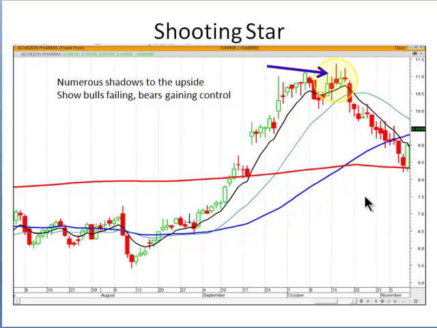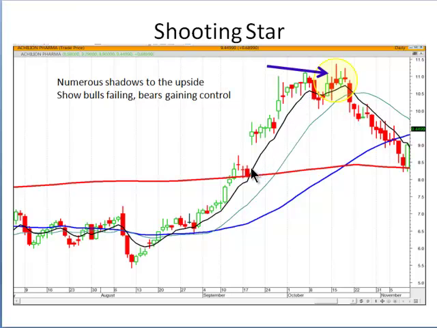The advantage that we have as candlestick investors is we can see exactly what's going on in investor sentiment at those specific levels.